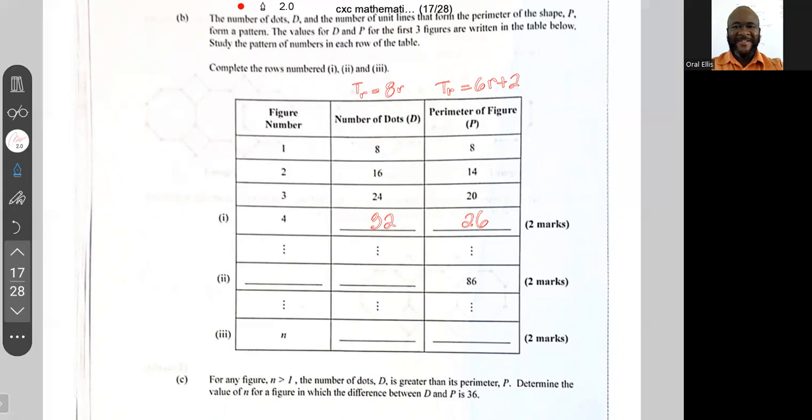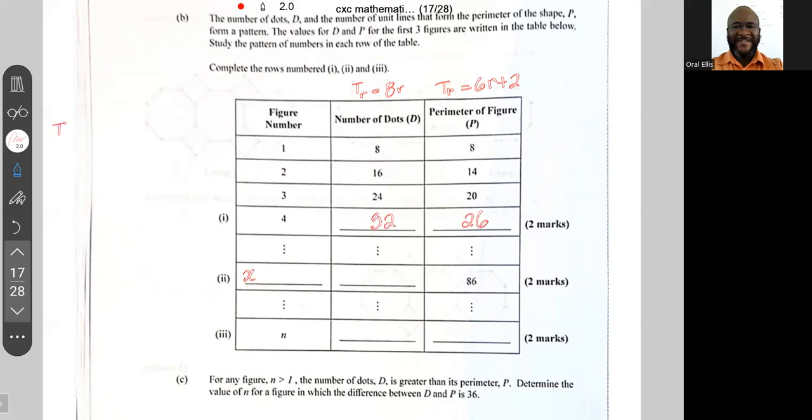All right, the next row, I'm going to let X be the figure number, I don't know what it is. But I know if I multiply X by 6 and then add 2, I'm going to get 86.